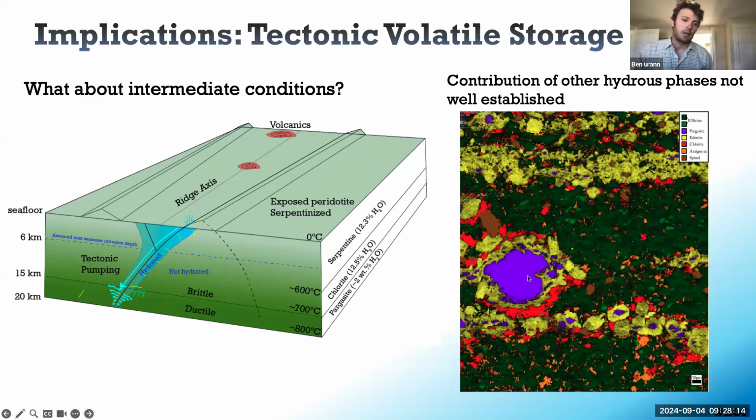And so more work really needs to be done on the stability and the distribution of these other hydrous phases to get a more holistic understanding of the hydration state and the extent to which the plate is hydrated at the ridge axis. And one thing that would be pretty useful here would be some sort of multichannel seismic to look at the serpentinization that's occurring in situ.